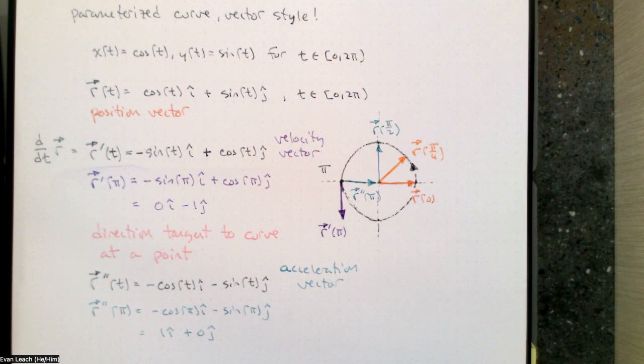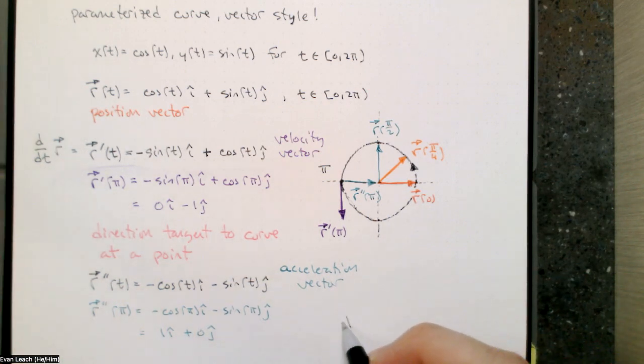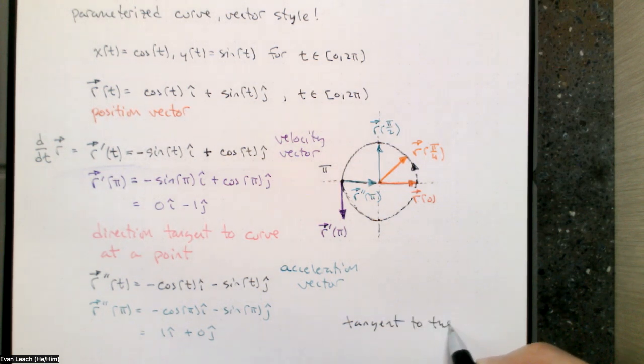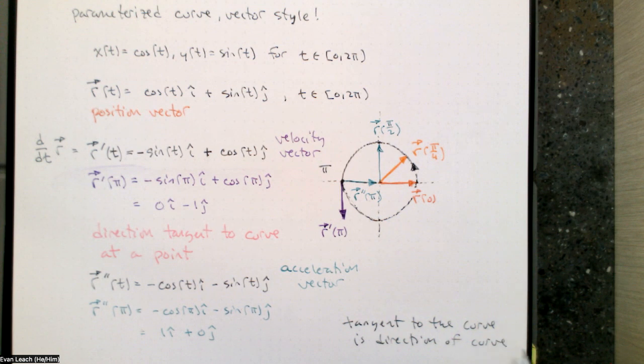We still have that mindset: tangent to the curve is the direction of the curve.